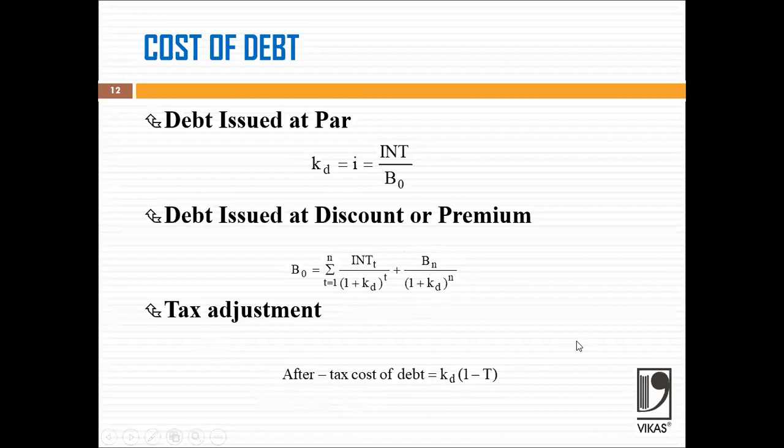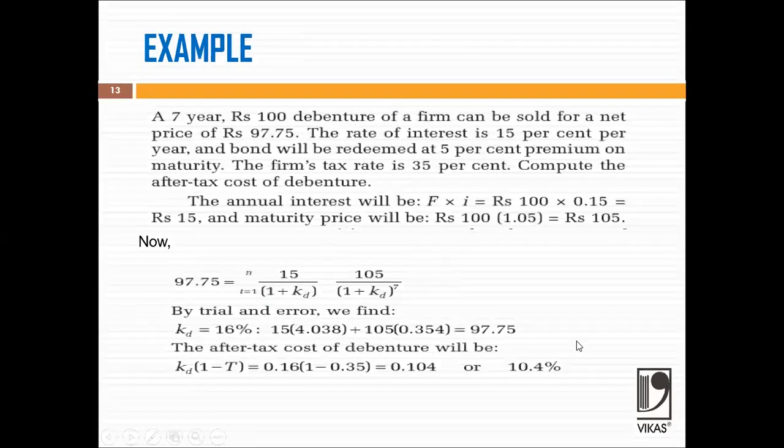From this slide onwards, you have to give more attention. Right, now we move to the example. A 7 year rupees 100 debenture of a firm can be sold for a net price of 97.75.